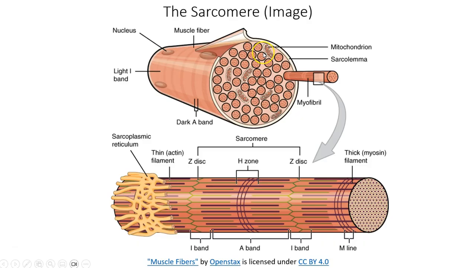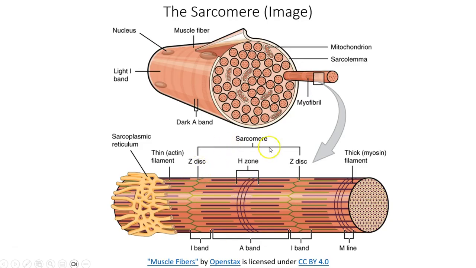Lots and lots of mitochondria are going to be present in muscle cells because we need lots and lots of energy available. We've got that sarcolemma surrounding all of those myofibrils, and this down here at the bottom is what a zoomed in view of that myofibril is going to look like.